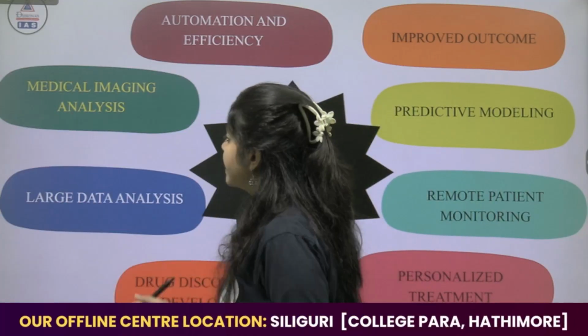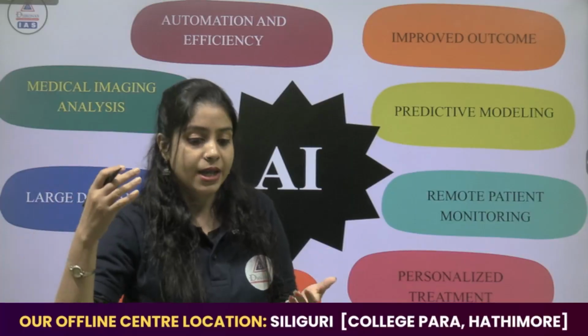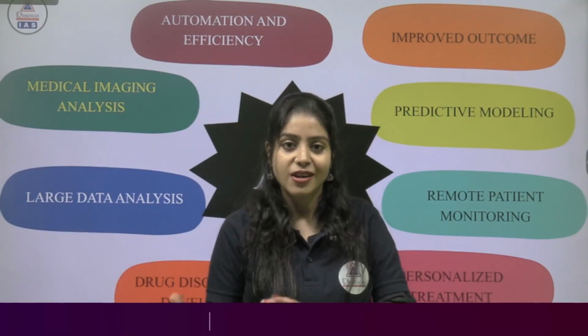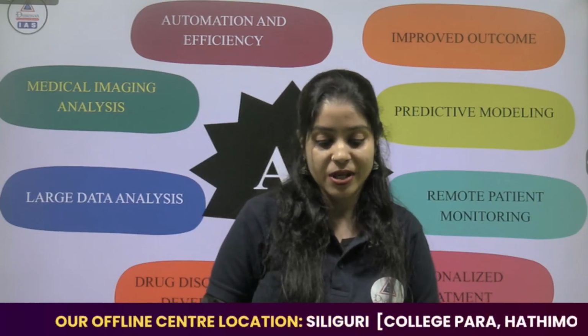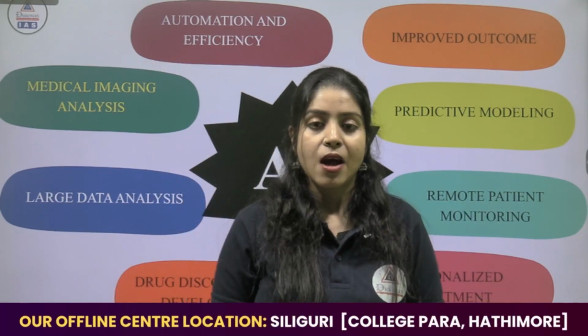First of all, automation and efficiency. Automation means humans do not need to do the work, so the workload shifts to the artificial intelligence machine. The machine will analyze a large database with high efficiency, high accuracy, and give you a concise report from a large database.